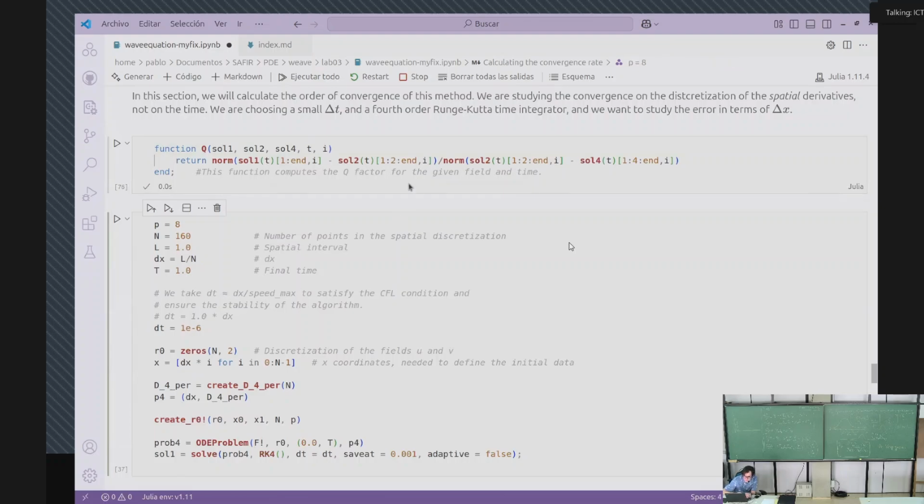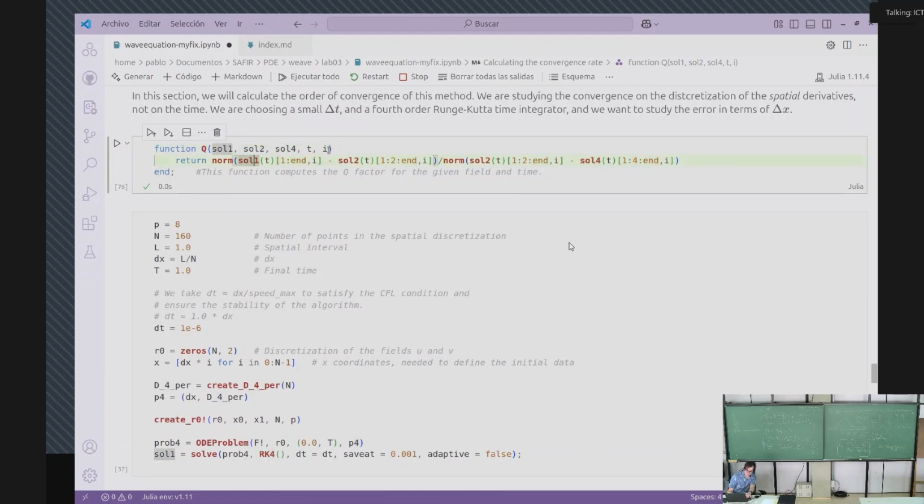So this function here, this is what it's doing. It's taking the u, some component that we are taking, maybe the u or the v, depending on this index y. We can put it in 1 or 2, right? And it takes 4 solutions, with a certain delta x, then delta x over 2, and then delta x over 4, right?